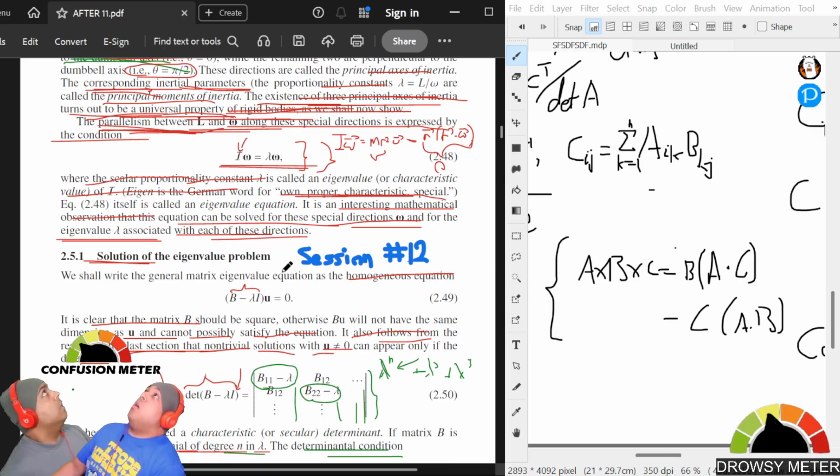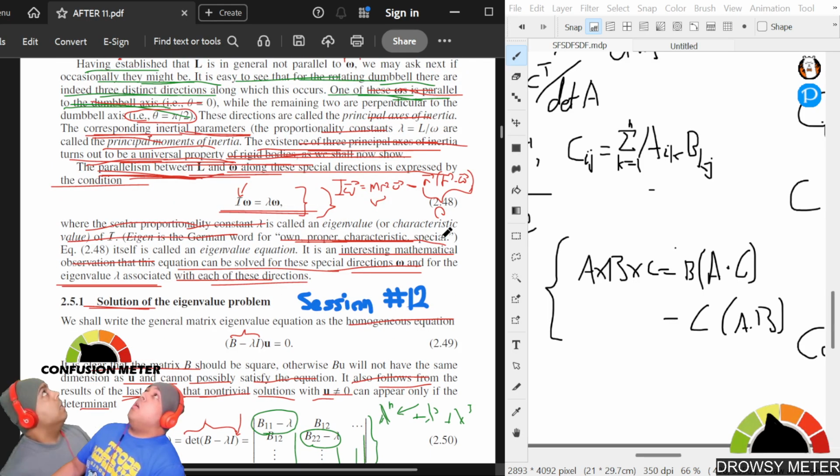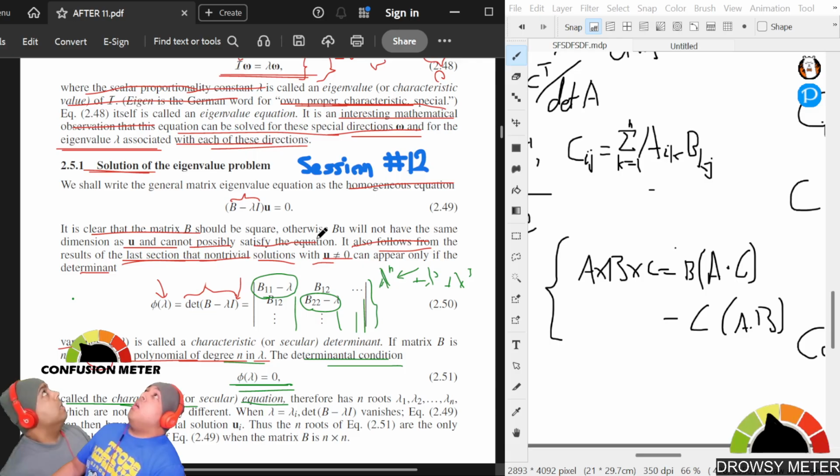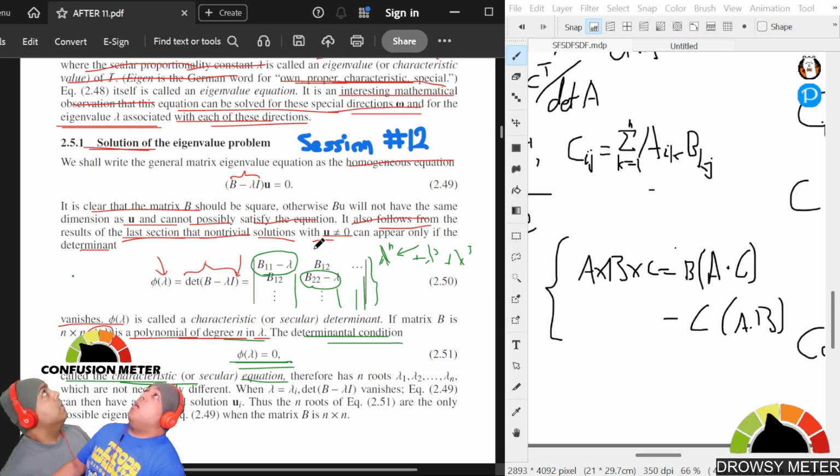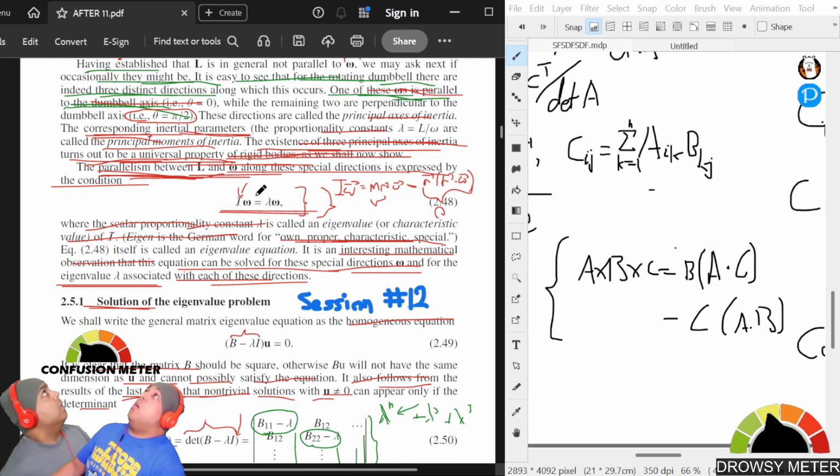Did they not already use that? Eigenvalue, characteristic value. I guess not. Characteristic determinant, characteristic equation, characteristic value.